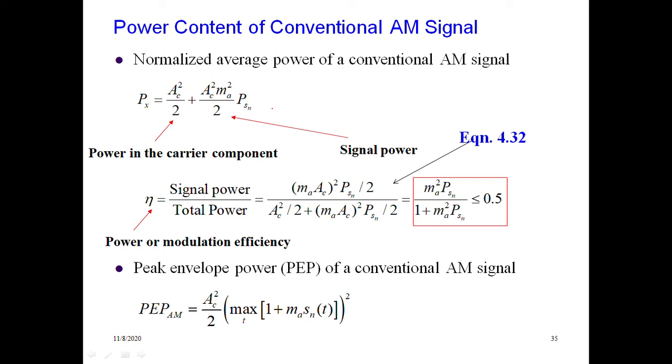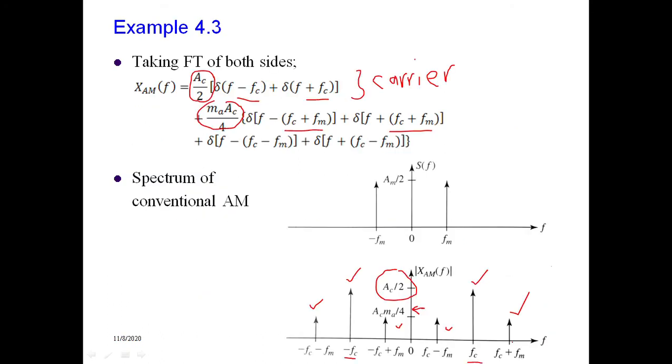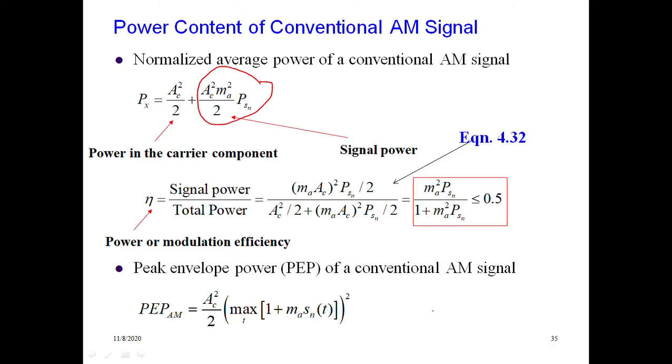But for the conventional AM, we add on the amplitude, for the measurement of the power from this information. So this one and this one, Ac squared Ma squared divided by 4 multiplied by 2, because there are two signals, and it also depends on the power of the signal.